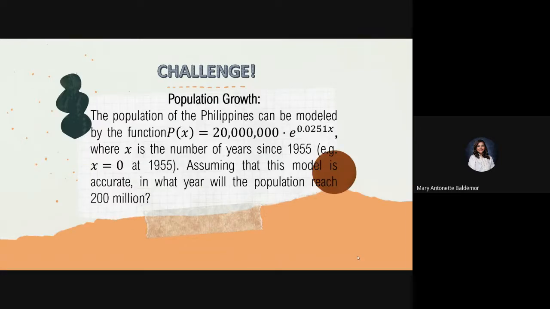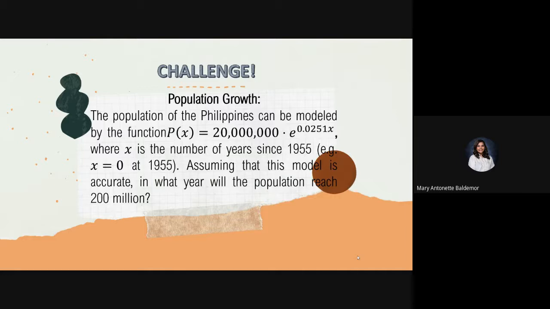Now, let's have a challenge. This is a problem about population growth. The population of the Philippines can be modeled by the function p of x equals 20 million times e raised to 0.0251x, wherein x is the number of years since 1955.